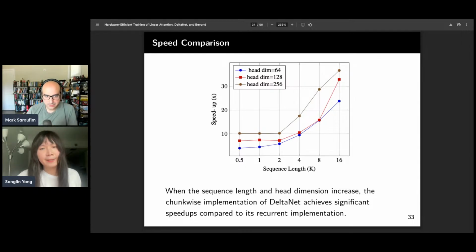This is why when we increase from 0.5K to 2K, we still have a larger batch size, and this batch size along with the number of head dimensions could provide a sufficient amount of parallelism for computation. So we do not need that much sequence-level parallelism in this case.